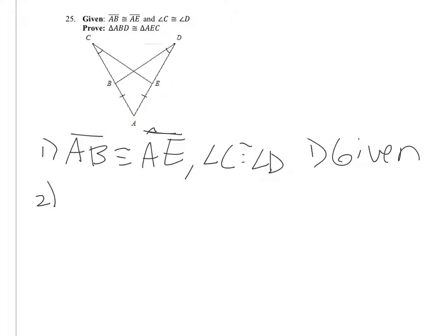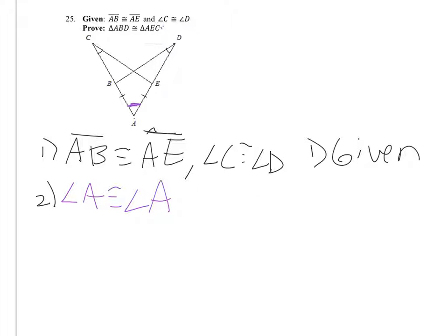So, looking at this picture, this angle overlaps in both of the larger triangles. So if you're not sure which triangles you're looking at, you should look at your proof statement. We're looking at A, B, D, so this larger triangle, and A, E, C. So one thing again when I'm looking at this, if a letter repeats, that's probably where you should focus your eyes to see what is the same.